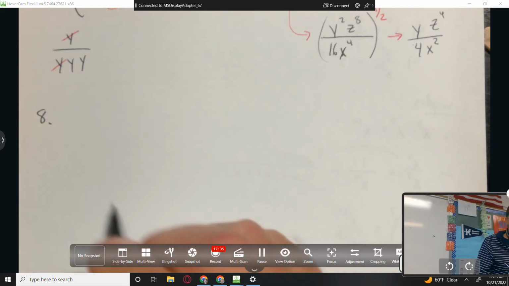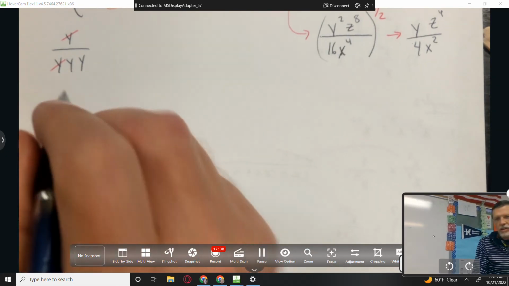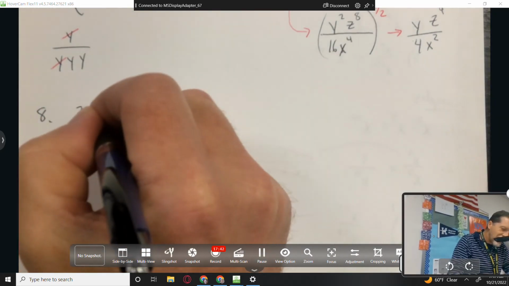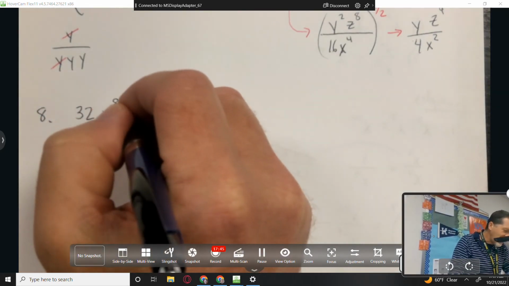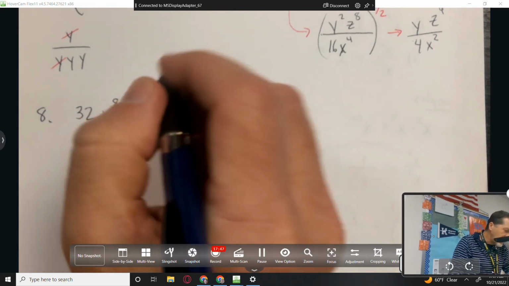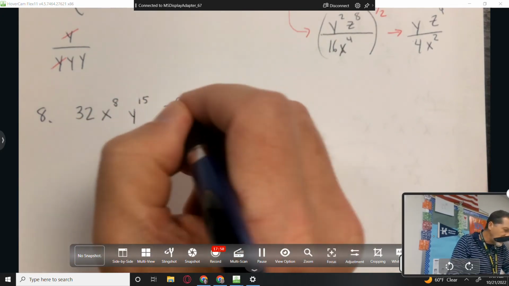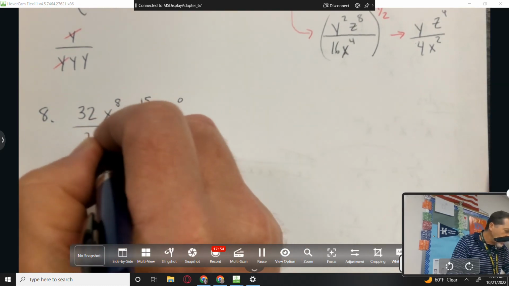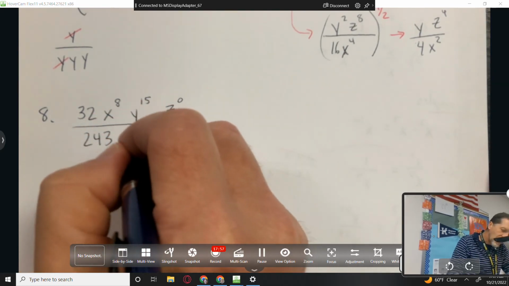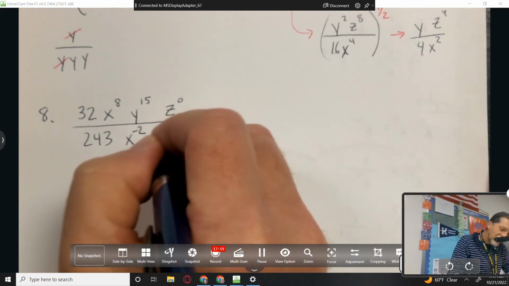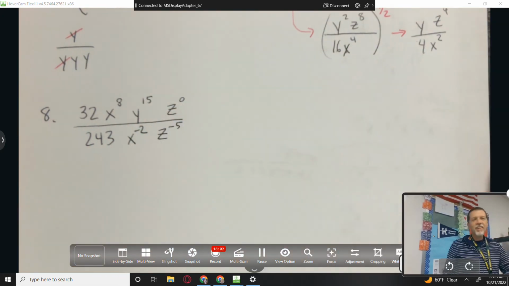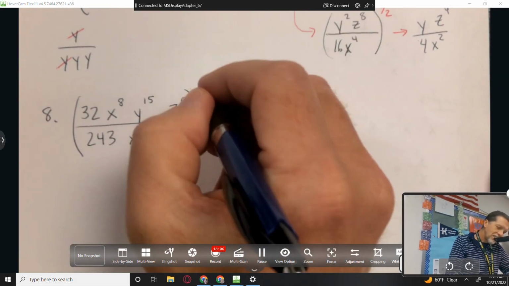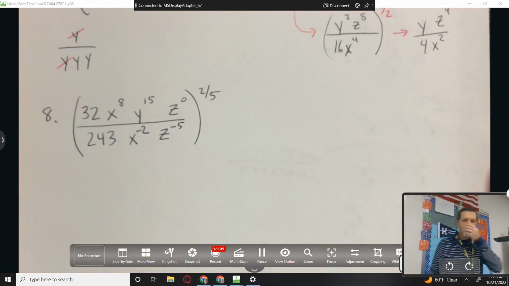All right, last one. So you can guess that this one's going to be particularly enjoyable. 32, x to the 8th, y to the 15th, z to the 0, all over 243, x to the negative 2, z to the negative 5, and then all of that to the 2/5.